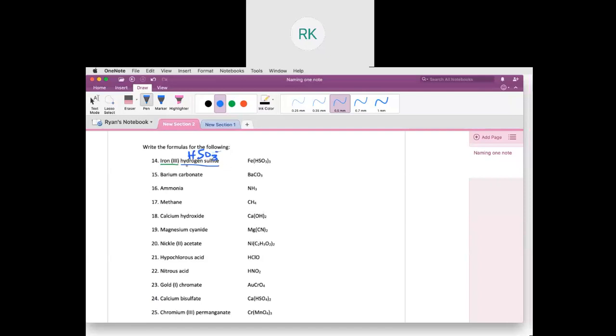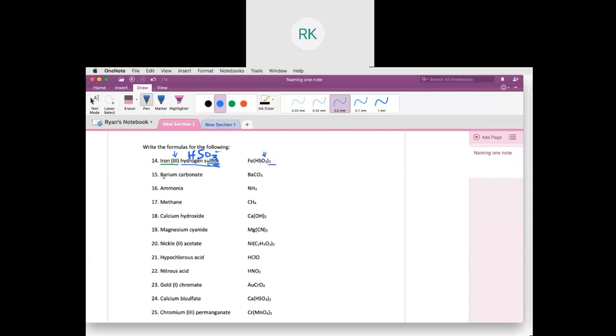Okay, so HSO3 with a -1 charge, and so to counteract the +3 charge of iron, we need to have 3 of them. Okay, so Fe(HSO3)3. Again, remember, this is sulfite, not sulfate. And so it has to have 3 oxygens and 3 hydrogen sulfites.